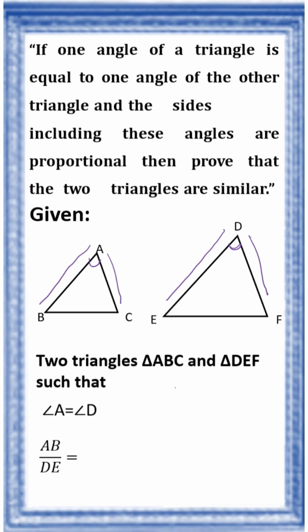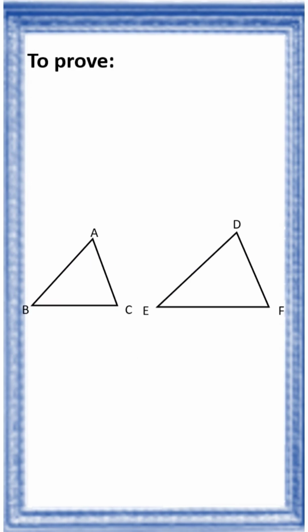Means AB by DE is equal to AC by DF. This is given. To prove, in all theorems, the second step is to prove. What is to prove? Triangle ABC is similar to triangle DEF.